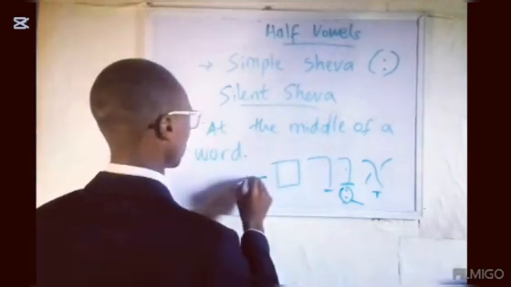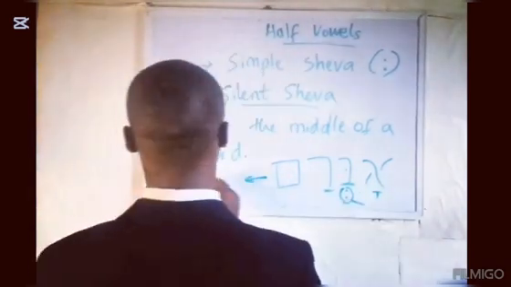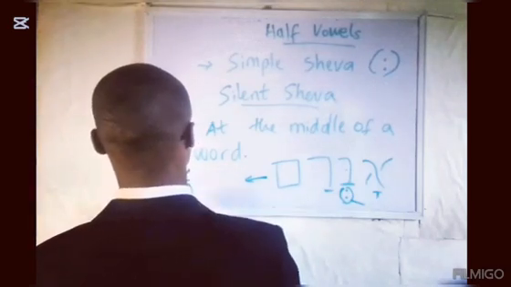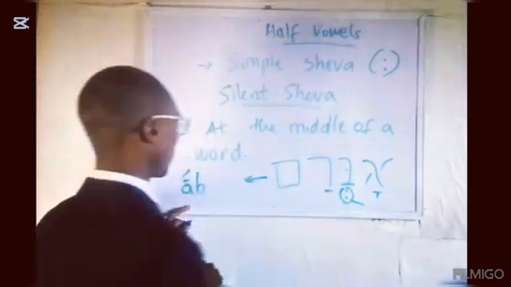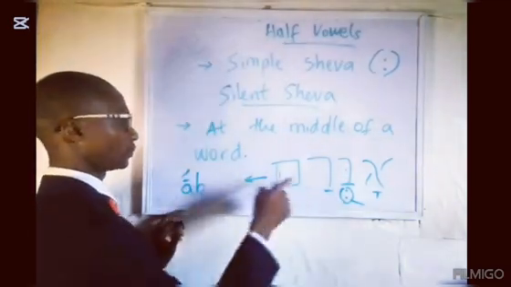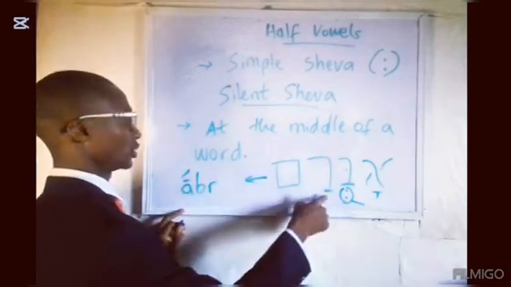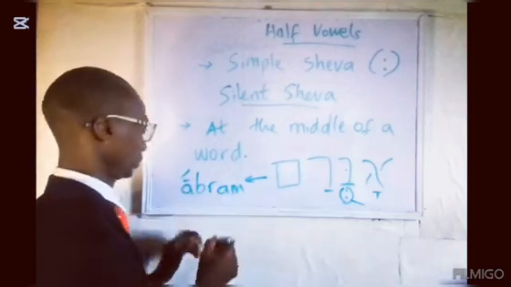We have the Qamets, the long vowel, then the beth with a silent sheva, then resh, then Qamets, and then mem.